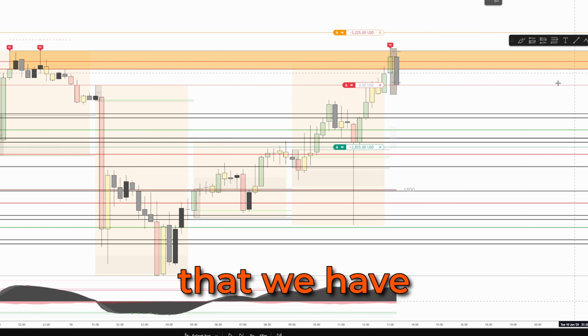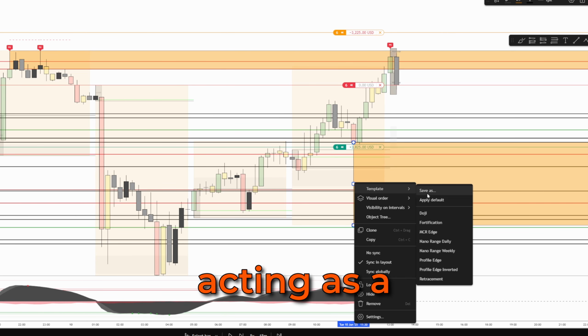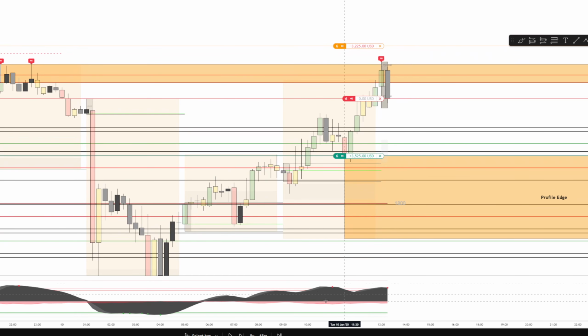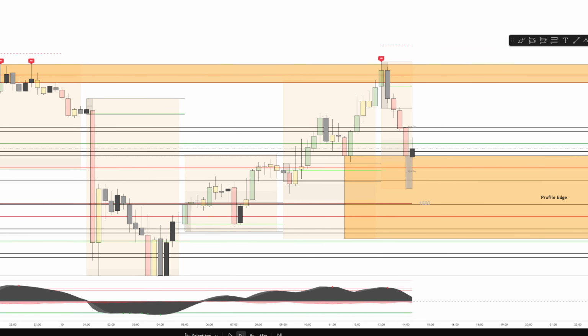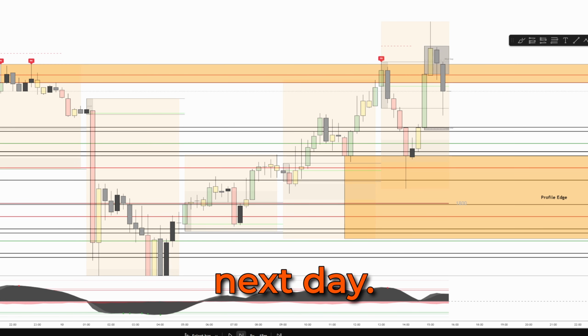I'm kind of afraid that we have this larger wick at the bottom, which is acting as a profile edge. So let's just actually do that. Okay, yeah, we could have went deeper, but it's okay. I think that's the only signs we had for this day specifically. So let's go to the next day.